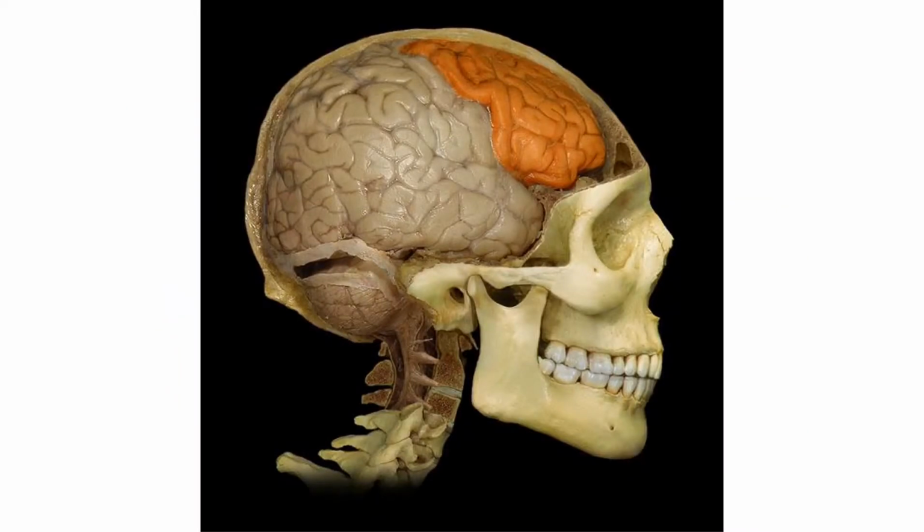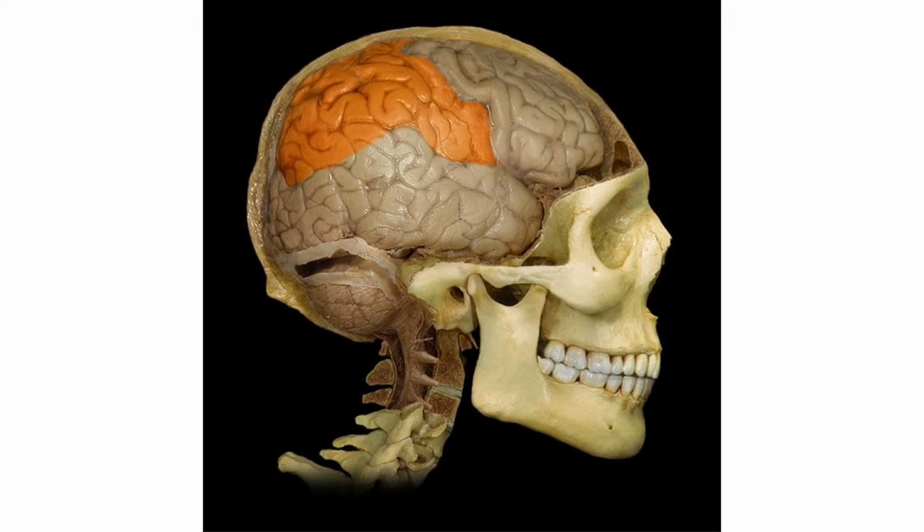Let's have a second look at the lobes of the brain. The orange marked lobe is the frontal lobe, and it is anterior to the central sulcus, and this contains motor areas, as we will see in a few slides.